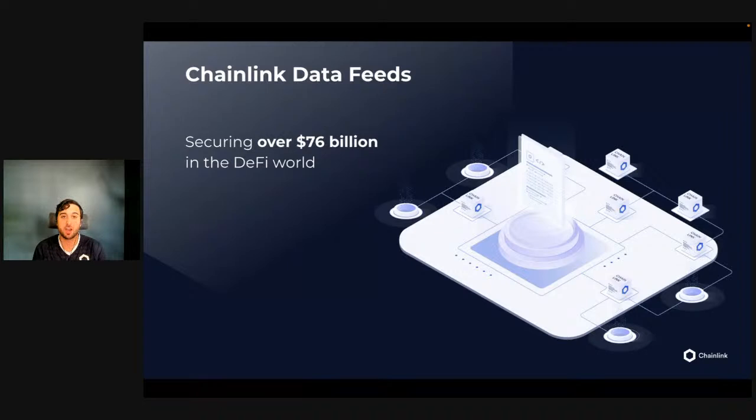They are pre-built DONs that have already gone through all the battle testing and have a history and reputation of delivering secure, high quality data to blockchains for you to use in your smart contracts. And Chainlink data feeds are already securing over $76 billion in DeFi, which stands for Decentralized Finance.